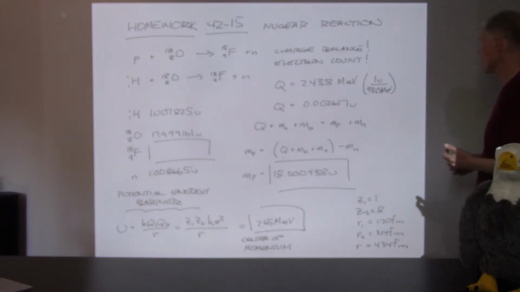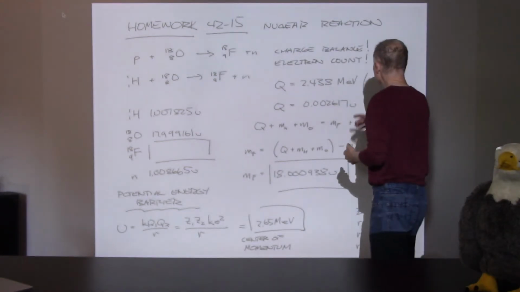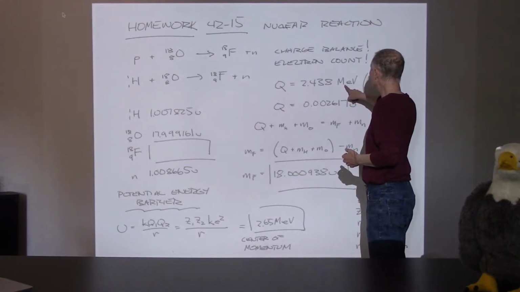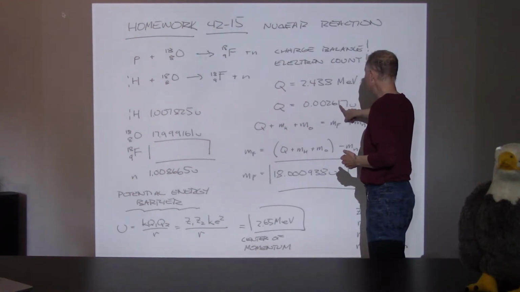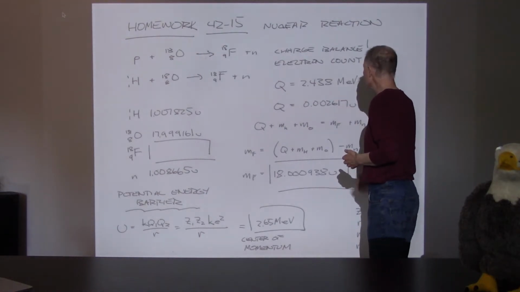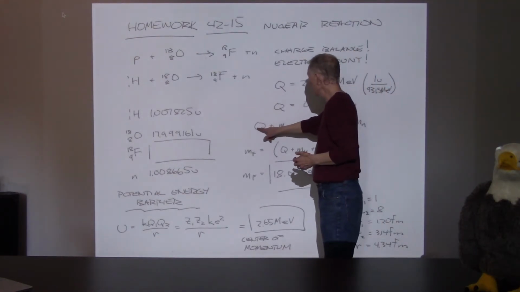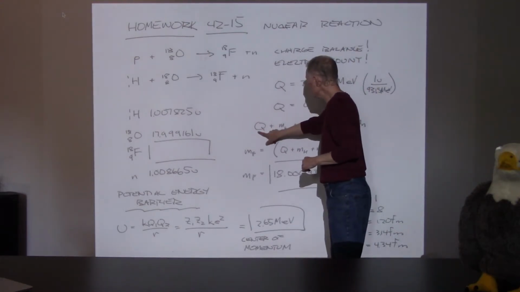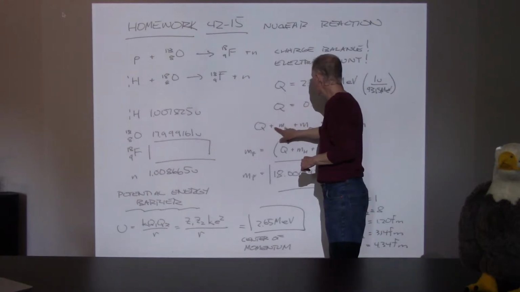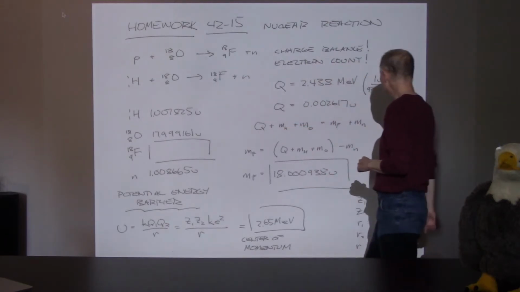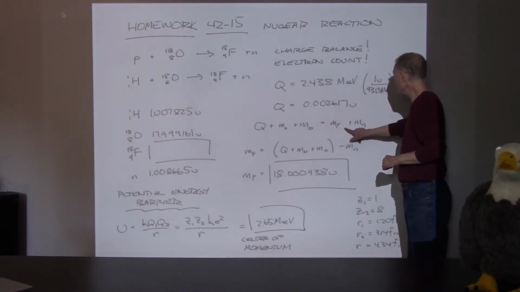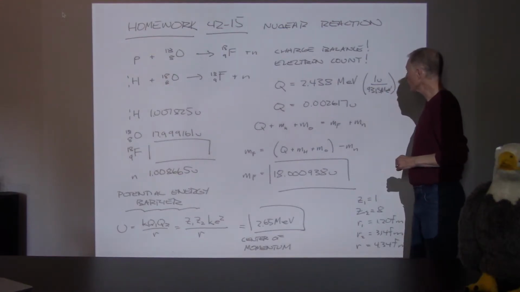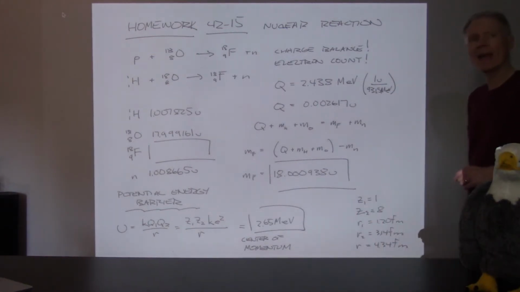This time we can do it the other way around. We can say that there's a certain amount of energy, and we're going to convert that into a certain amount of mass, and say that in terms of mass, if we add this Q value on at the front, and then add it onto the mass of the two species going in, that will balance out with the mass of the fluorine and the neutron coming out.